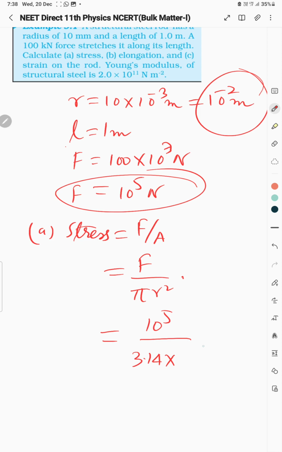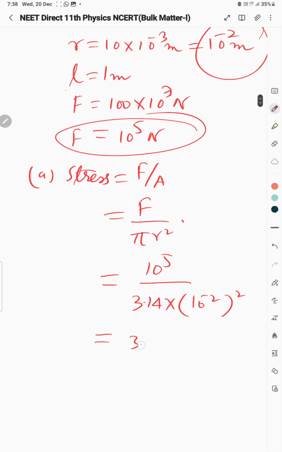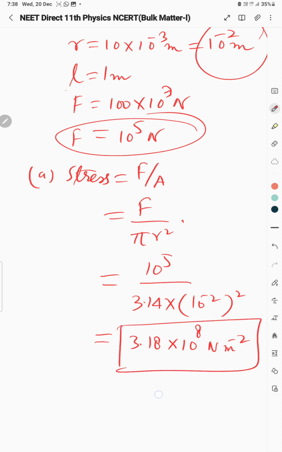Radius is 10 power minus 2, so 10 power minus 2 whole square. You simplify it further. When you simplify, you get this equal to 3.18 into 10 power 8 Newton per meter square. So this is the stress that acts on the given structural rod.